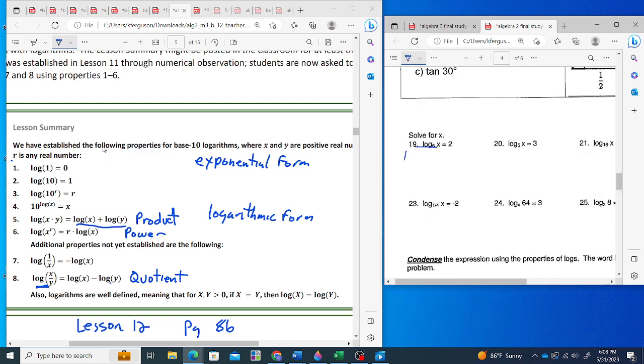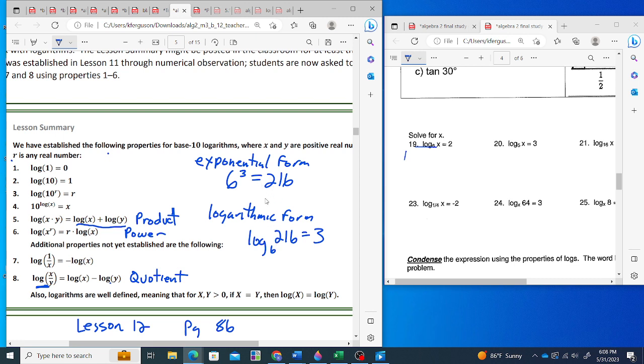Let's say we're looking at log base 6 of 216. We're going to say that equals 3. That right there is a complete logarithmic equation. So that's logarithmic form because it's got log in it. Exponential form doesn't have log in it. It's just got exponents. So 6 to the third power equals 216. So here's exponential form. Here's logarithmic form.